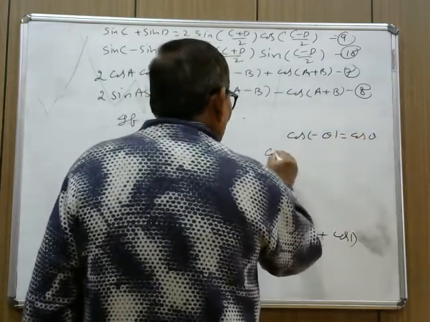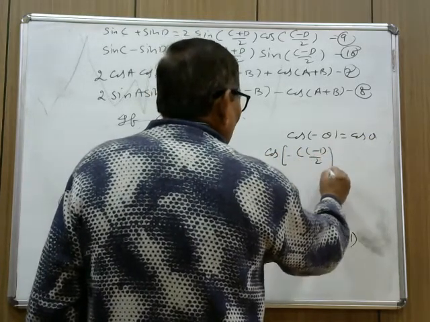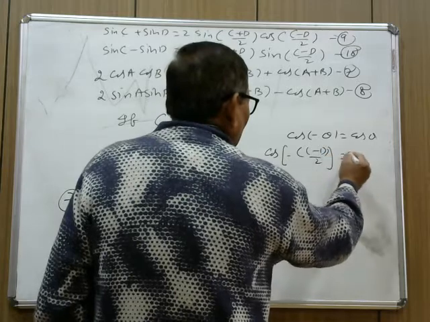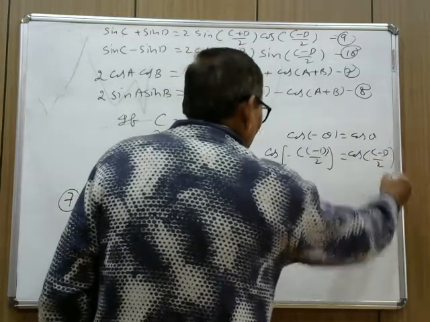By this you can write cos of minus (C minus D)/2 is equal to cos (C minus D)/2.